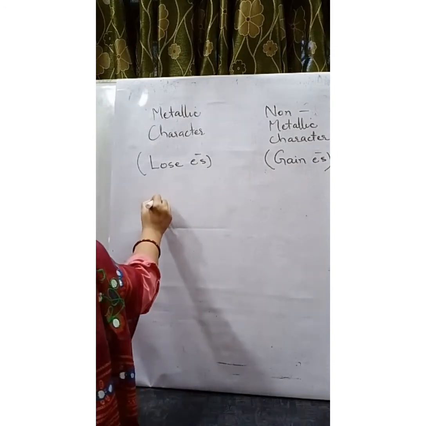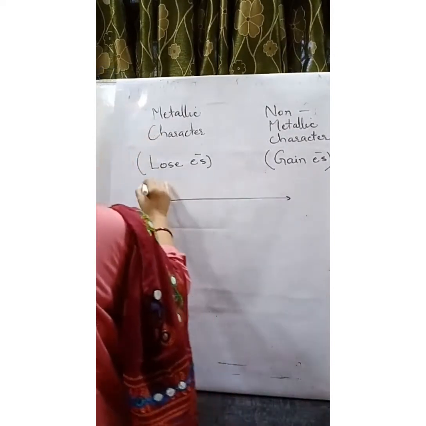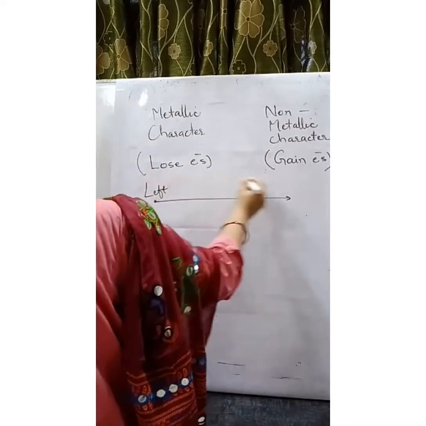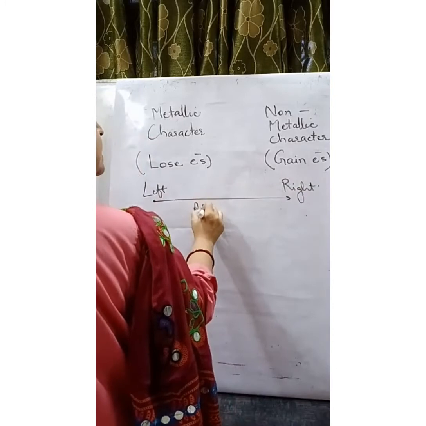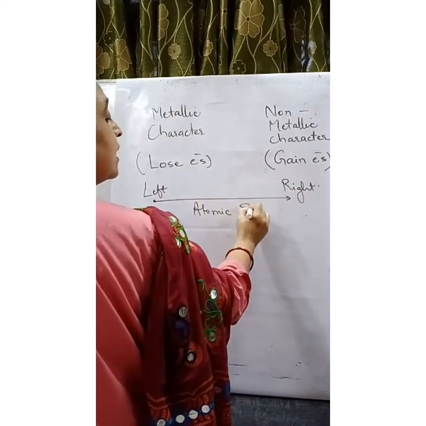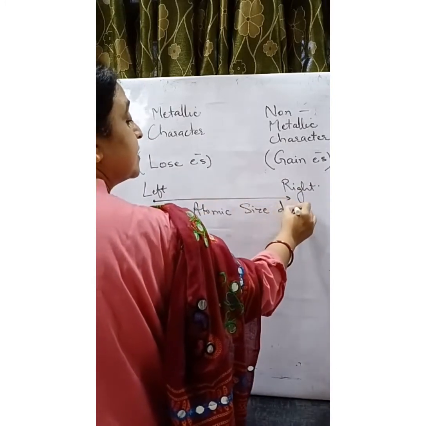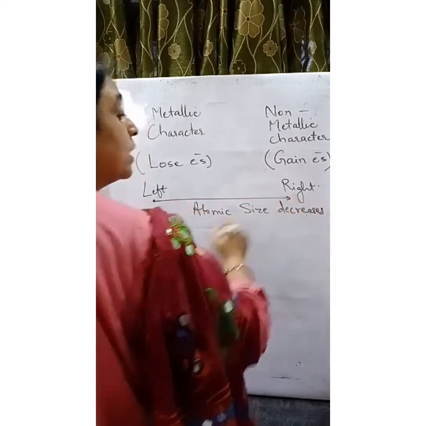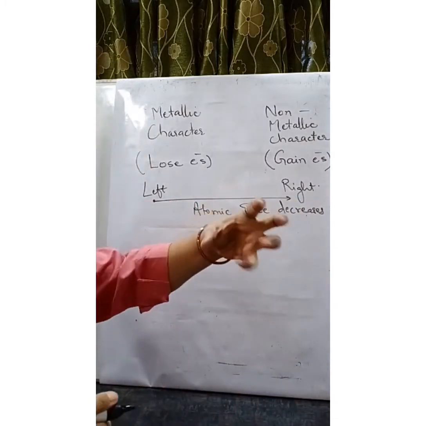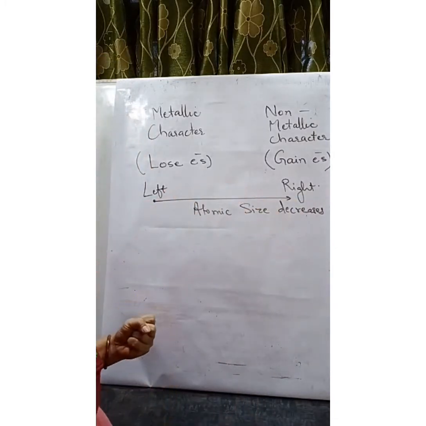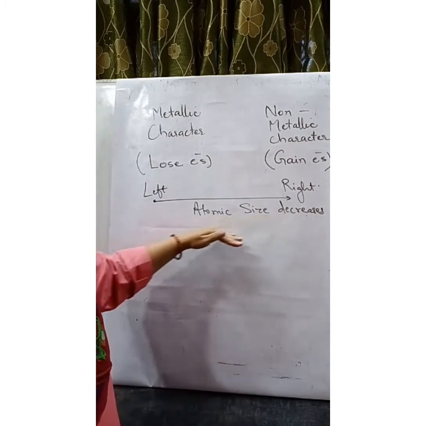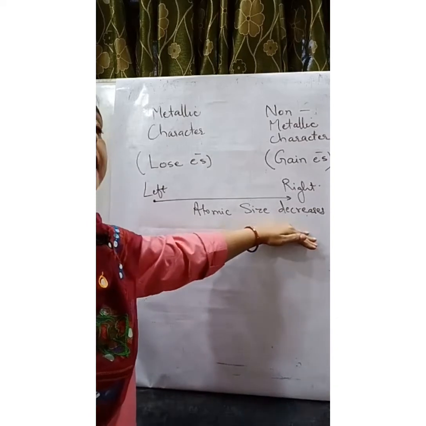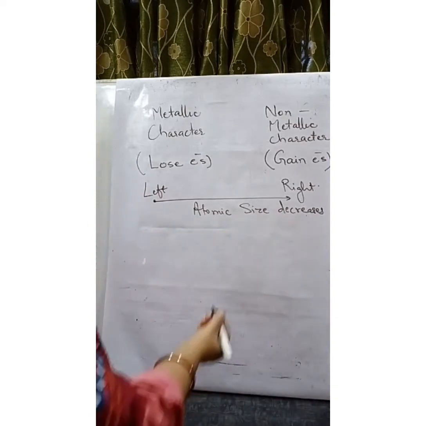So when you move from left to right in a periodic table, atomic size decreases. What does it mean? The nucleus has a strong force of attraction for the outer electrons. So what will happen to the tendency of gaining electrons?